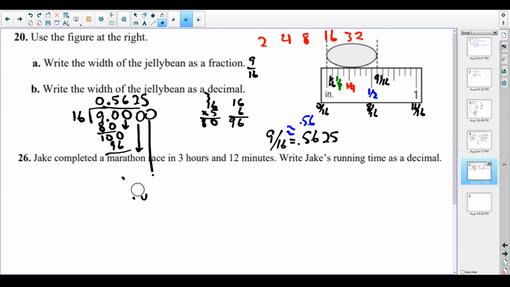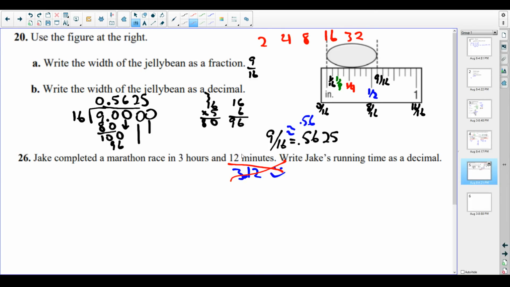So the last question here checks to see if you know how to tell time. Marathon in 3 hours and 12 minutes, write that as a decimal. So some people will be so happy to say, oh, well, that's 3.12, smiley face, easy, I'm done. And then they'd be wrong. Okay, if it seems too easy, it's because it is. So why is it not 0.12?